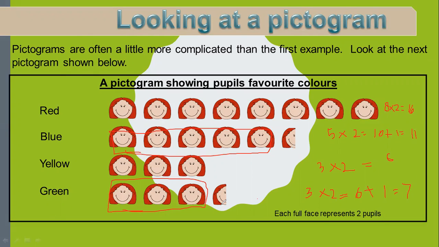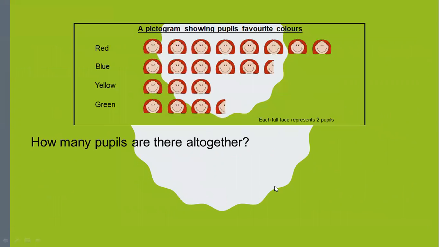The question is, how many pupils are there all together? So we only have this data, we don't have the numbers.